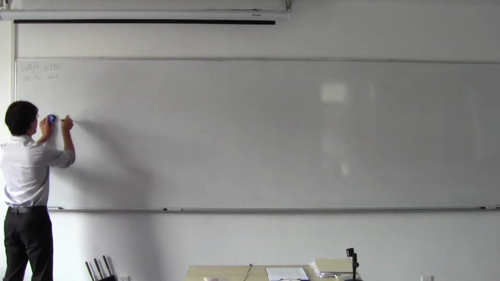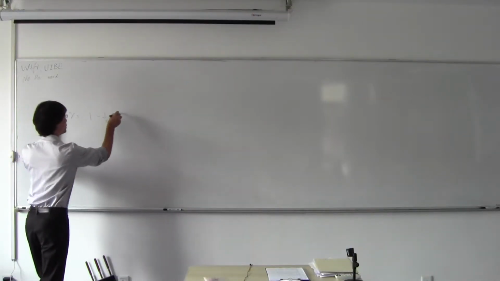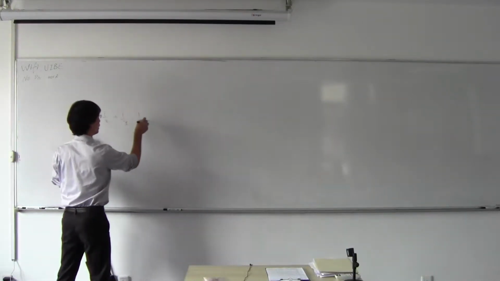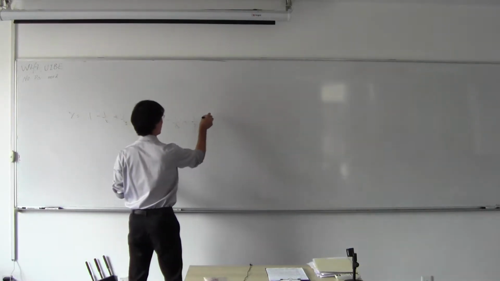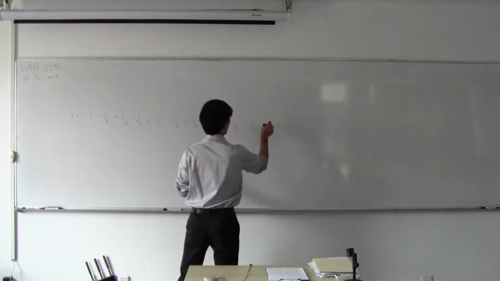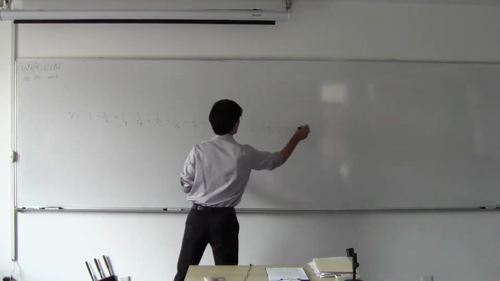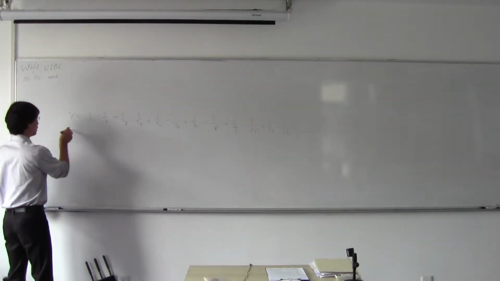But let me write it again. Suppose I have, again, 1 minus a half plus a third minus a fourth plus a fifth minus a sixth plus a seventh minus an eighth plus a ninth minus a tenth plus an eleventh minus a twelfth, and I keep on going. And then I take a half of that.